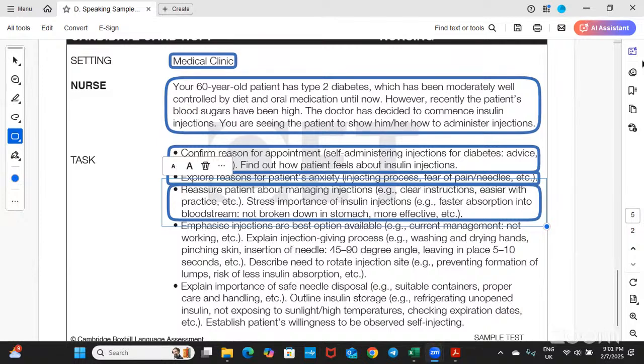The condition has deteriorated, and therefore it is mandatory, it is very essential for you to take insulin injections. After considering every other alternative treatment plan, the doctor has finally decided to commence insulin injections because this is the only best treatment method for your condition now.